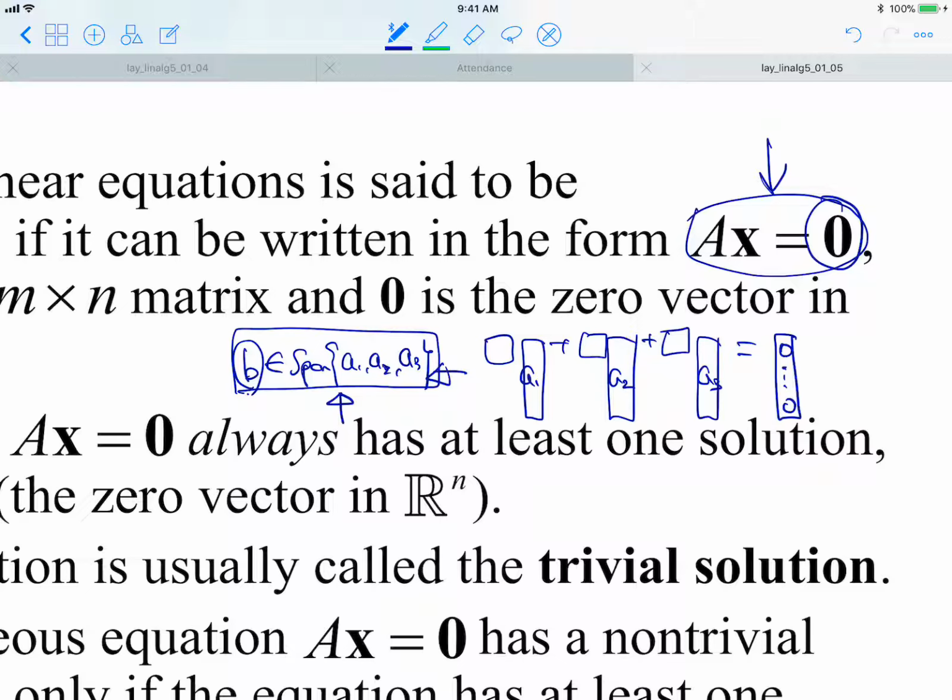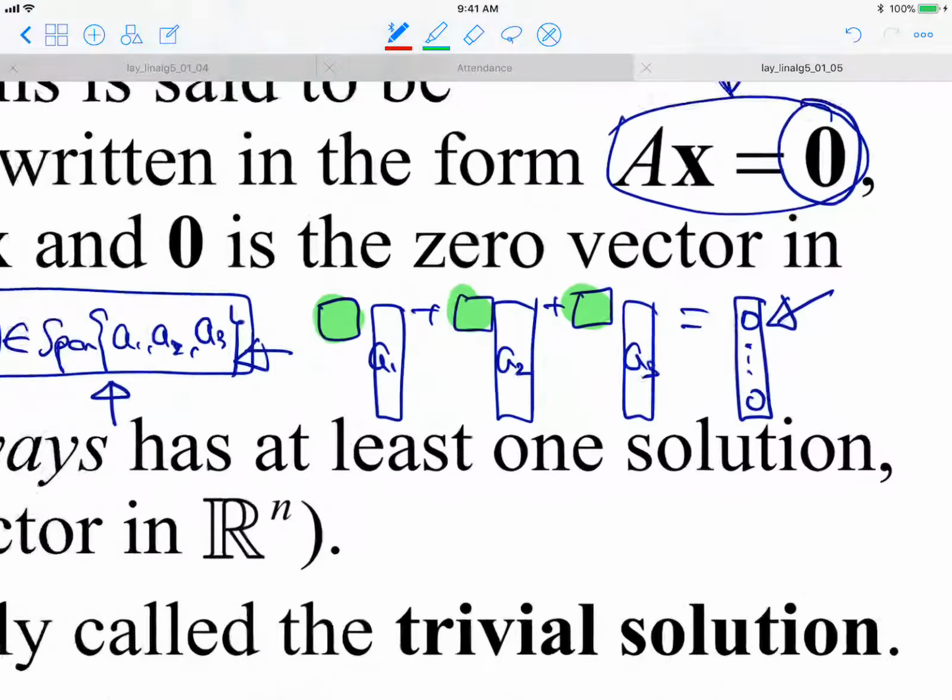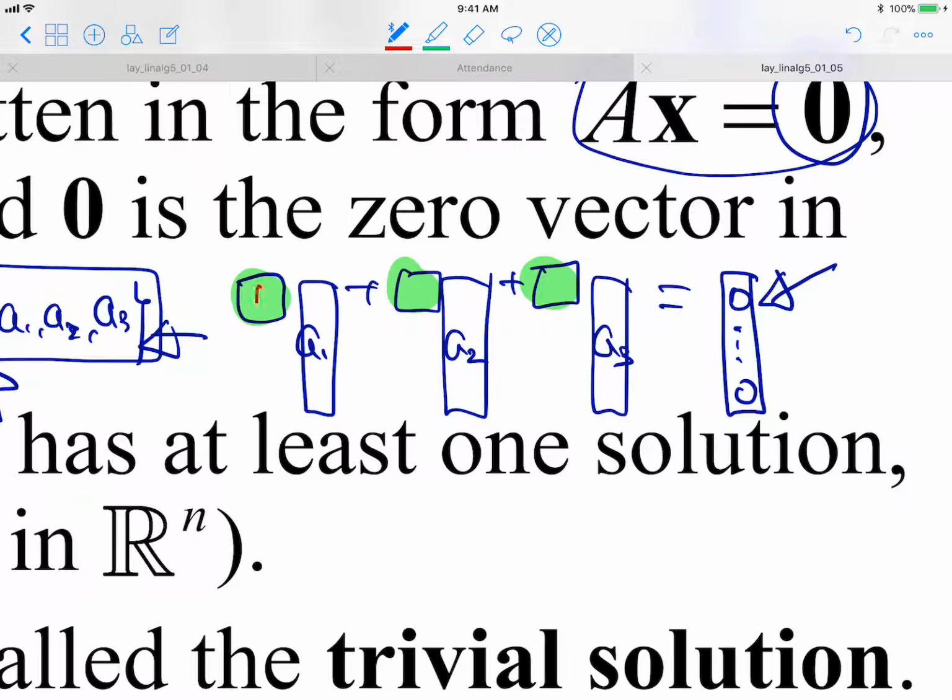And what will be one such solution in this case? How can we generate this 0 vector, by carefully determining those green parts, the linear combination coefficients? What will be one of our solutions? It will be just 0, right?